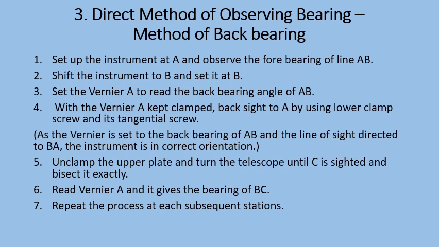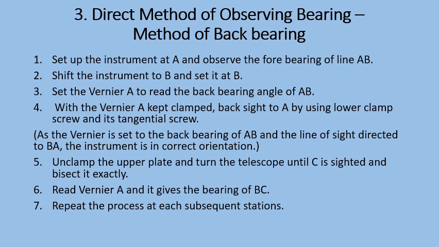By operating the lower screw, we can direct the telescope to the backside point A, with vernier A kept clamped, using the lower clamping screw and its tangential screw. As the vernier is set to the back bearing of line AB and the line of sight is now directed from B to A, the instrument is in correct orientation.